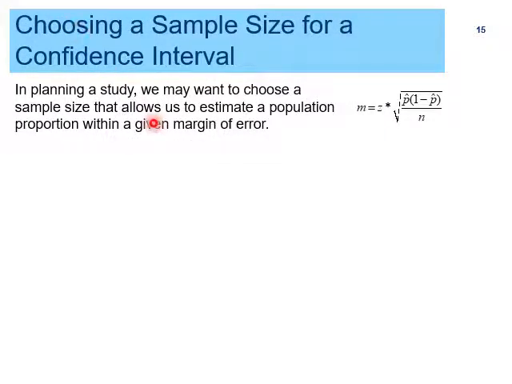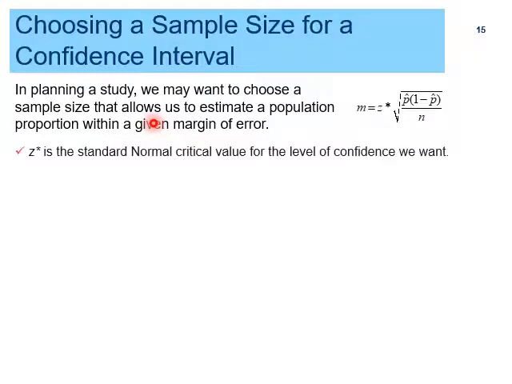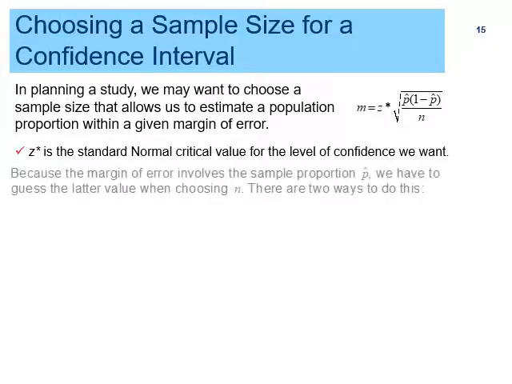Choosing a sample size: earlier we have seen in the other chapters how to calculate sample size. So here we are going to calculate the sample size that allows us to estimate a population proportion within a given margin of error. For the margin of error, the formula is z multiplied by the standard deviation, where z critical is the standard normal critical value for the level of confidence we want.